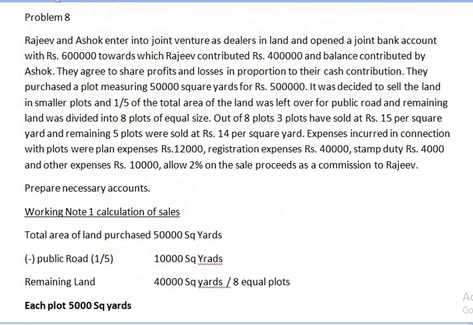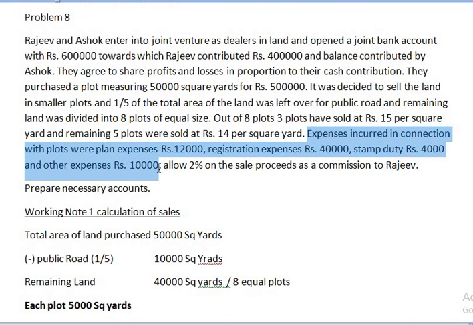Now come to the next transaction. Expenses incurred in connection with plots were plan expenses 12,000, registration expenses 40,000. So 40 plus 12, 52,000, and stamp duty 4,000, 52 plus 4, 56,000. And other expenses 10,000, 56 plus 10, 66,000.